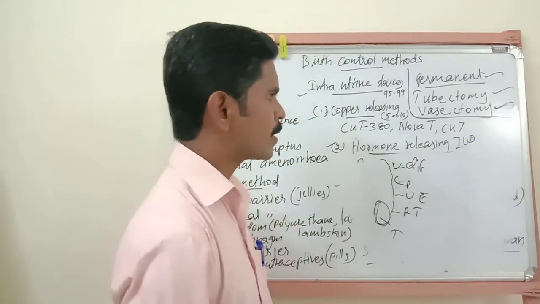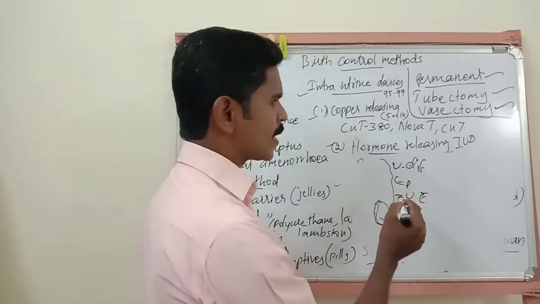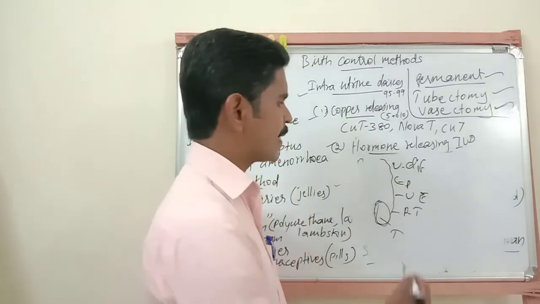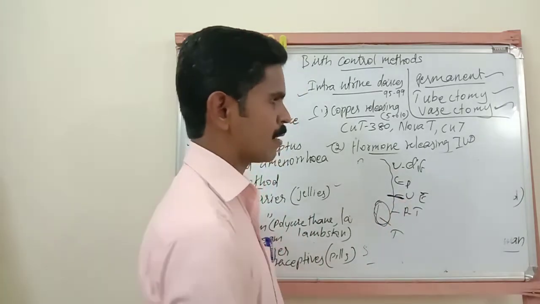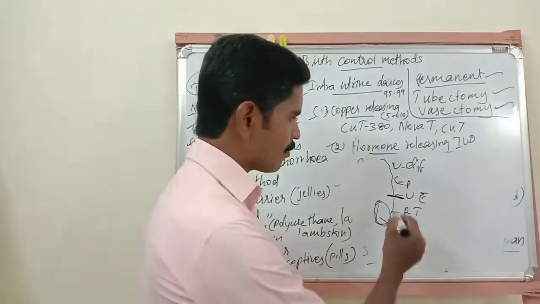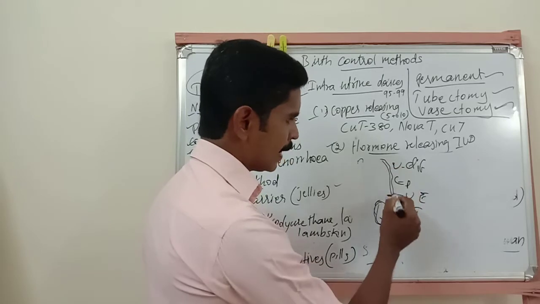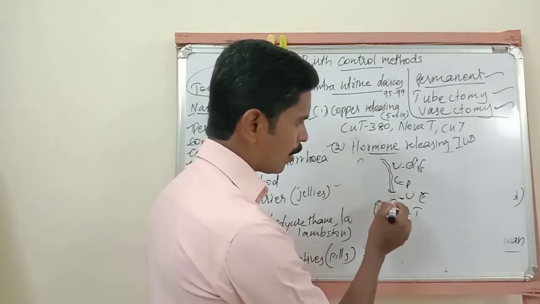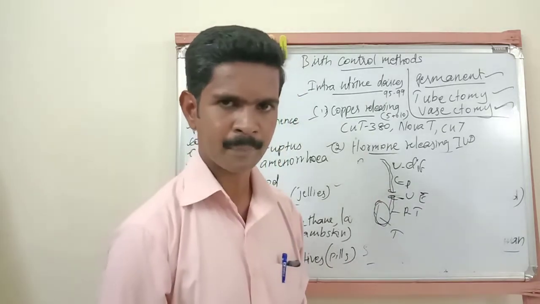Vasectomy means a portion of the vas deferens is cut. Just imagine it's the vas deferens region. So this vas deferens tube is cut and on both ends a small knot-like structure is made. Understand?